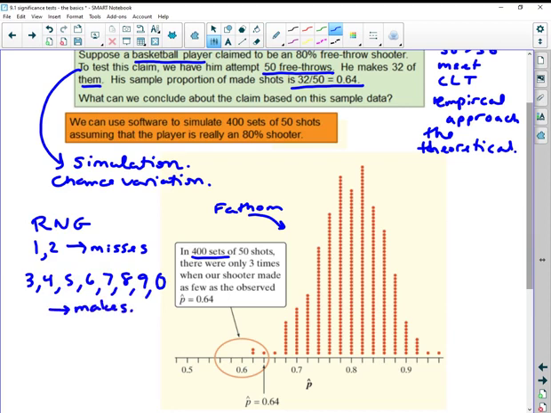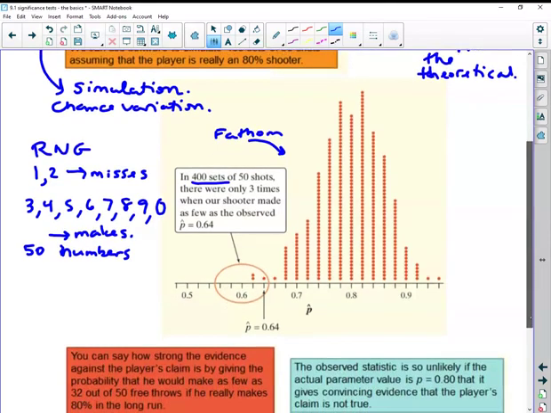I have to get 50 numbers, and I am not going to ignore repeats because I have replacement.